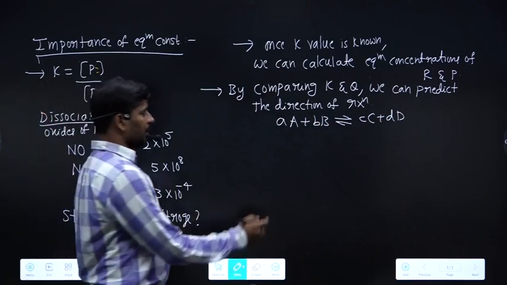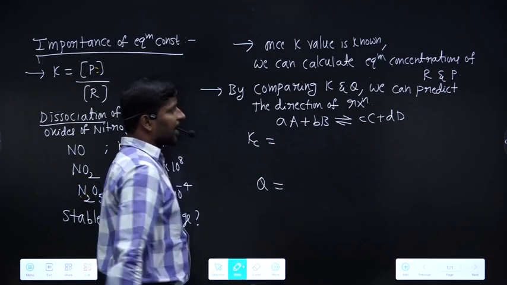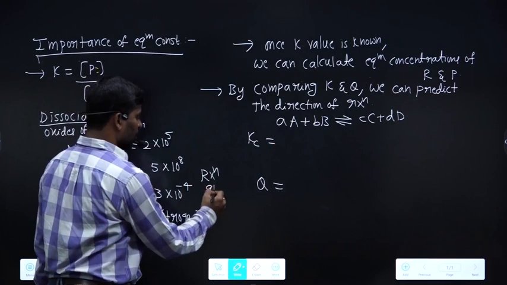what is the expression for equilibrium constant and what is the expression for reaction quotient? Q is called the reaction quotient.